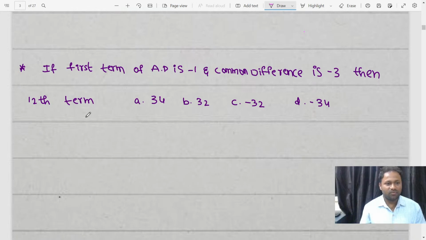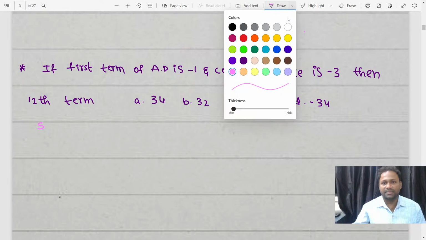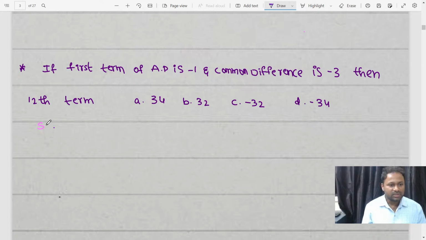What is the question? If the first term of an AP is given, first term of AP is given means, generally we will take it as A is equal to minus 1.